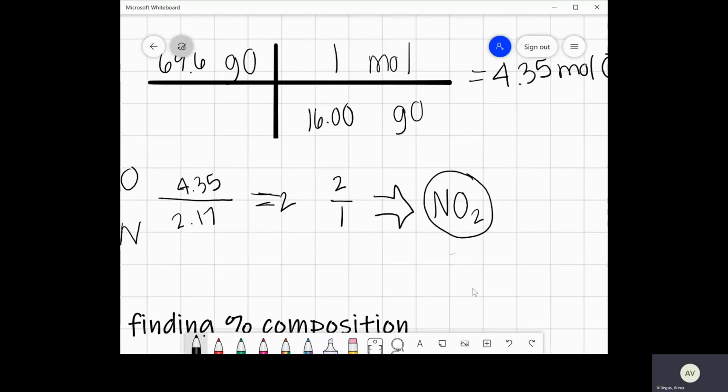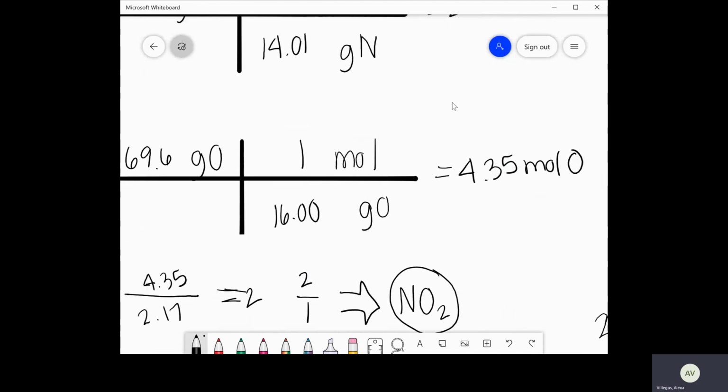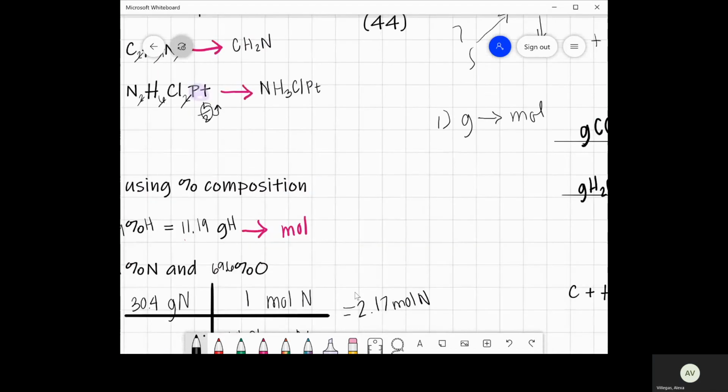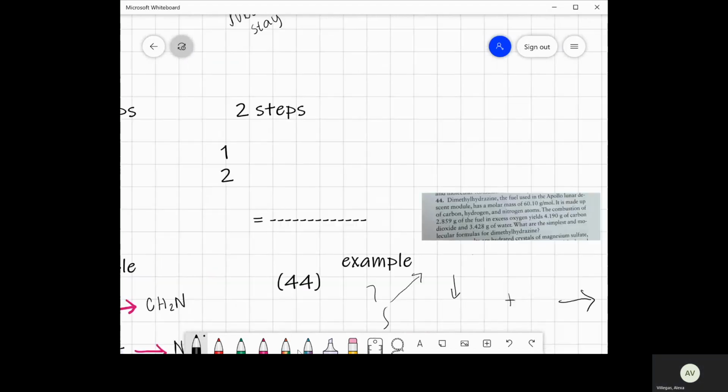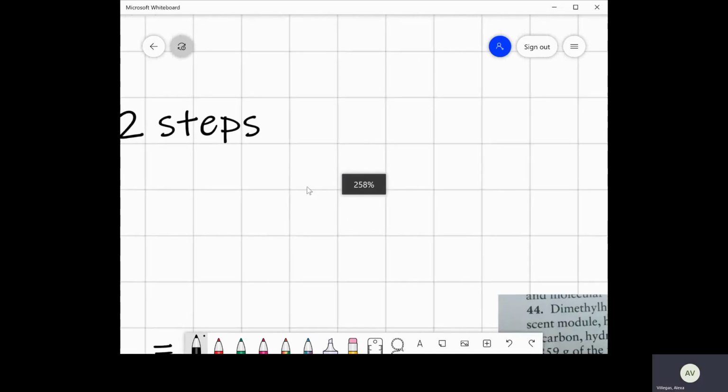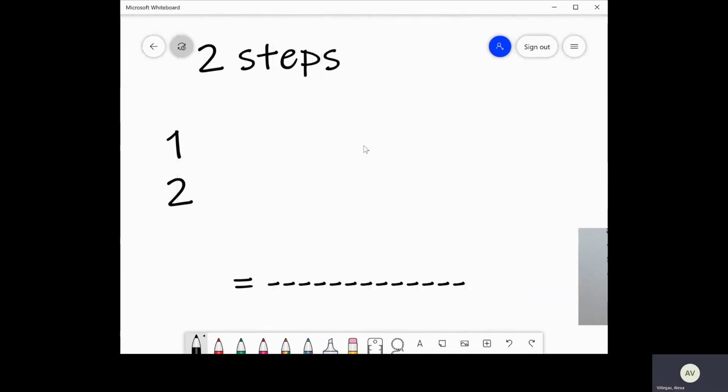What if I asked you for the molecular formula? For the molecular formula, there are 2 steps. One is just the big one. So step 1 of the molecular formula is to find the empirical.